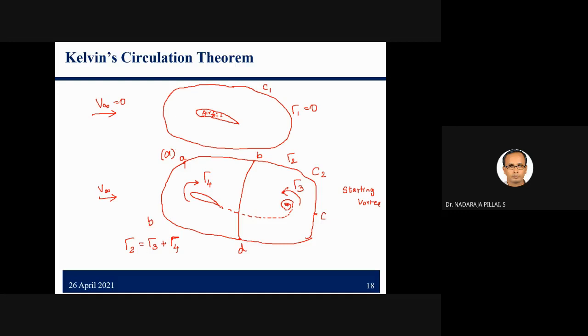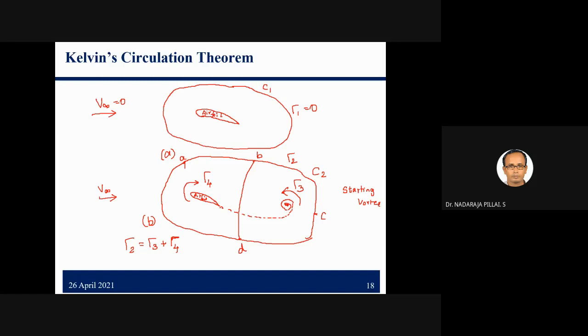The velocity V infinity is there, and at the airfoil, initially, because of the pressure difference, there is a formation of vortices that gets flushed down, and when it gets flushed down at the downstream, it forms an intense vortex of strength gamma.